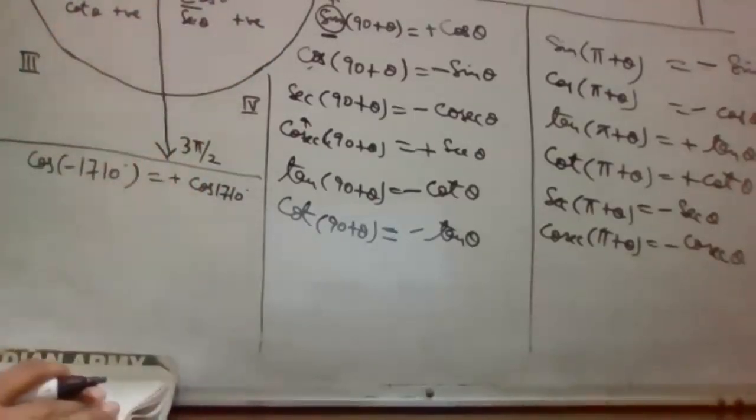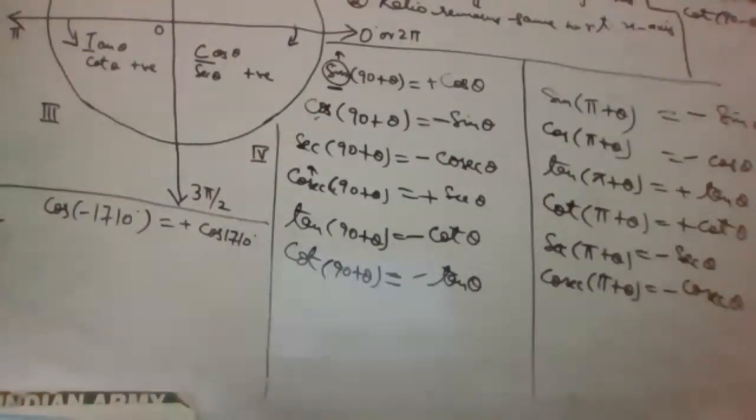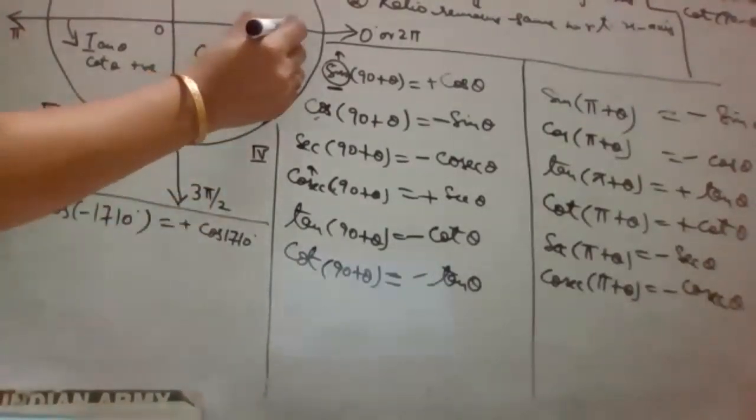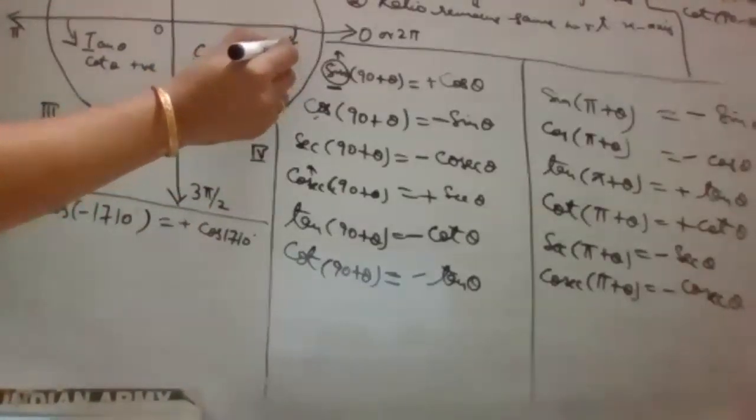So whenever you get cos minus theta in a question, it will always be equal to cos theta. Sin minus theta means again we come to the fourth quadrant, and since sin is negative in the fourth quadrant, wherever sin minus theta is there in many questions, you can write it as minus sin theta.